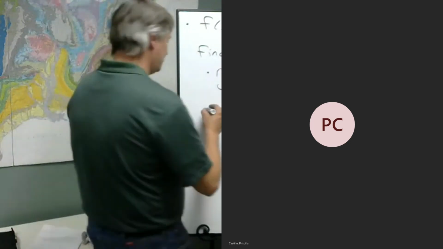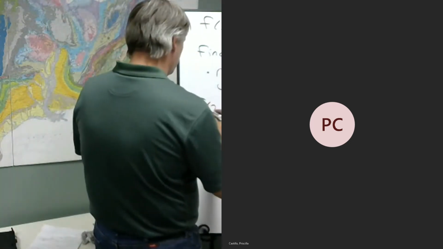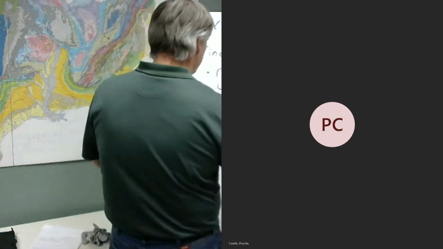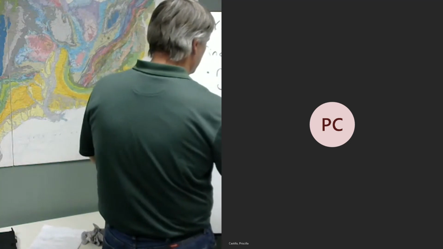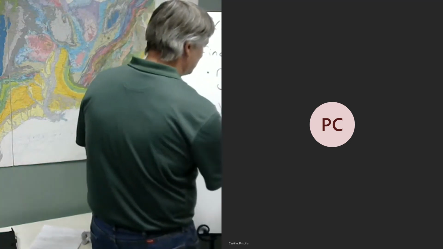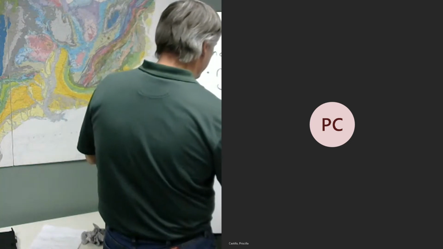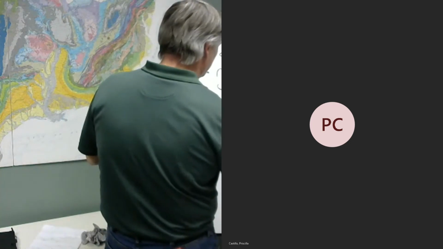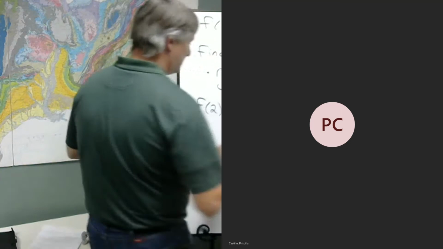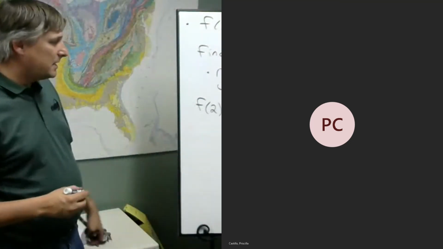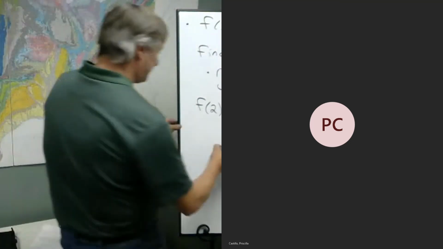So f of 2 will be 2 cubed plus 1 over 2 squared plus 6 times 2 plus 8. And again, we can follow our PEMDAS.